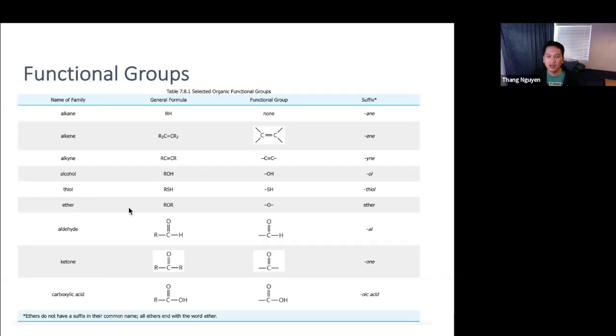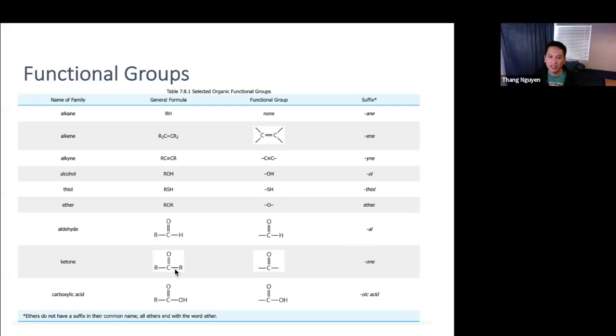Another one with an oxygen in it is called the ether. It's basically one oxygen with two alkyl chains on the sides. And then we go into this class of carbonyl carbons. Carbonyl meaning a carbon-oxygen double bond. They all have that, but how they're different is what's connected to the carbon. If it's an alkane on one side and a hydrogen on the other, we call that an aldehyde, ending in al.